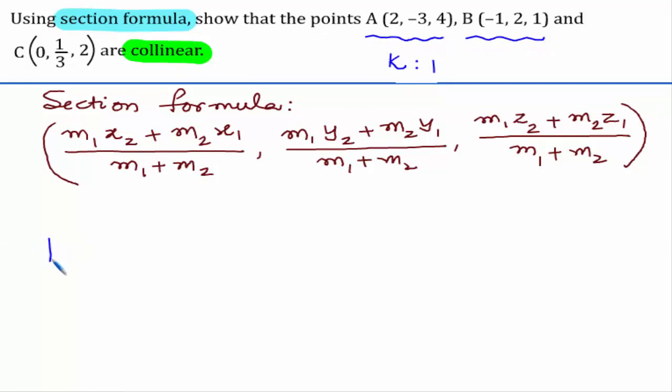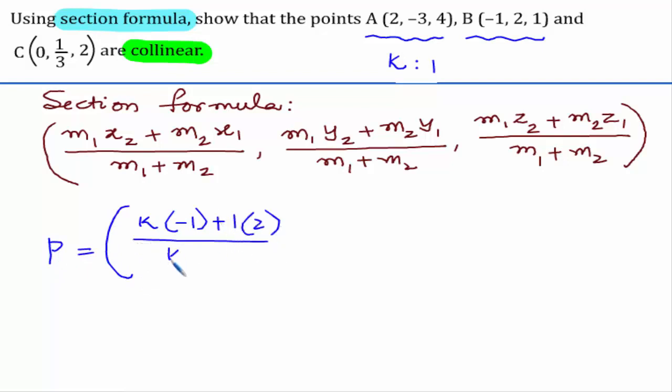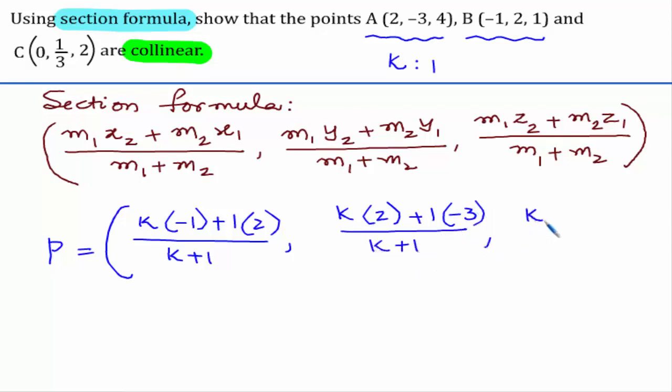Now let us write the point P. K into minus 1 plus 1 into 2 by k plus 1. K into 2 plus 1 into minus 3 by k plus 1. K into 1 plus 1 into 4 by k plus 1.